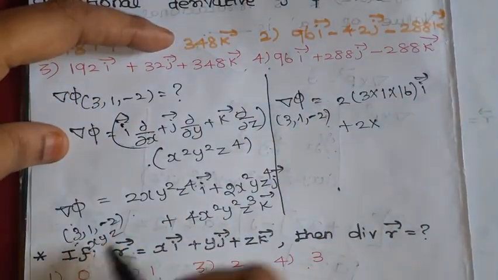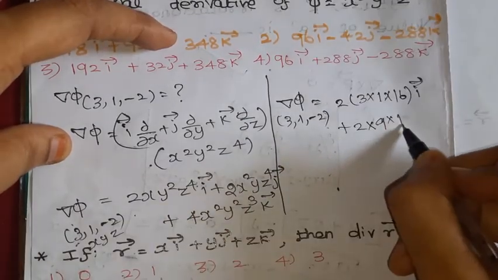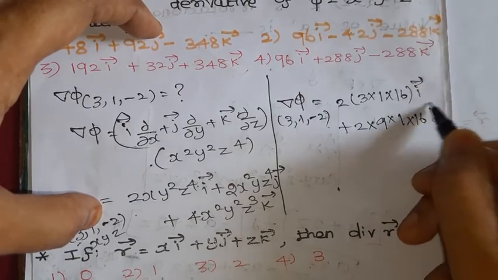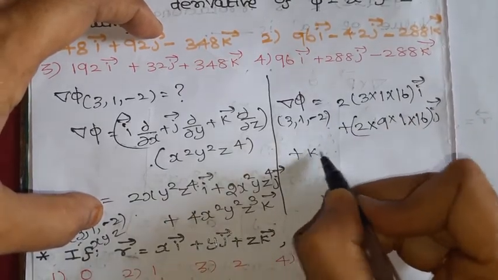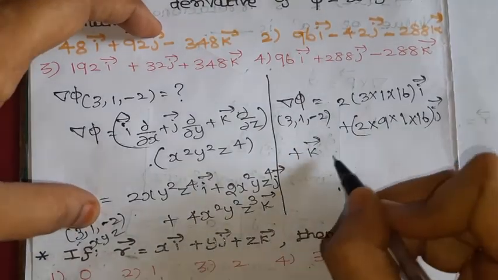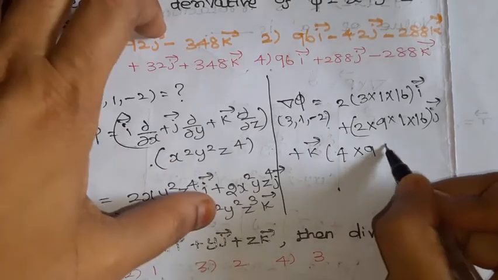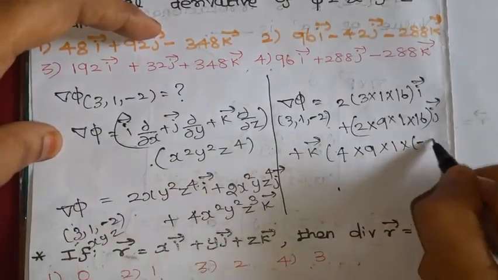x squared means 9, then y equal to 1, then z power 4 again, minus 2 power 4, 16, into j vector. Then plus k vector into 4 into x squared 9, y squared 1, z cube, minus 2 cube, minus 8.